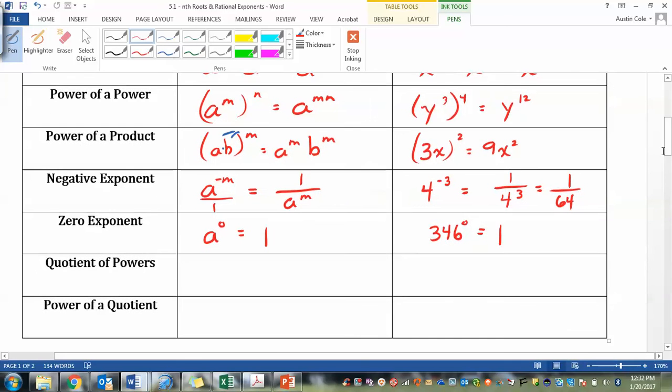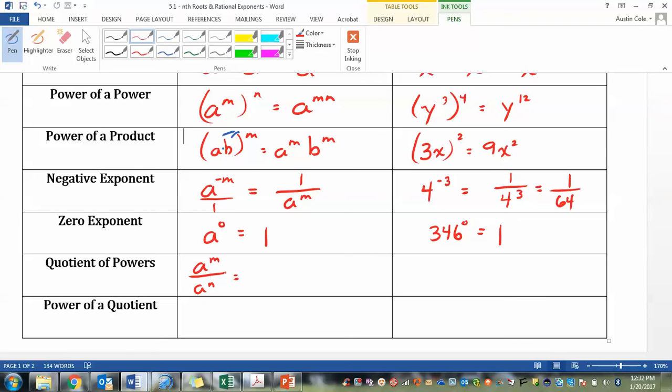Now, the quotient of powers says this. If I have a to the m divided by a to the n, well, earlier, in the very first one, we were multiplying, and what did we do to our exponents? We added. So if we're now dividing, what do we do with our exponents?